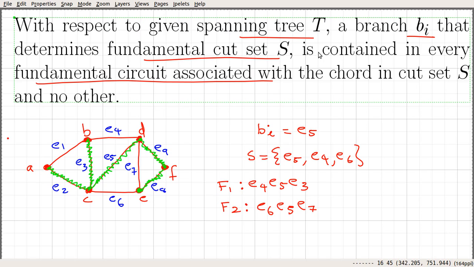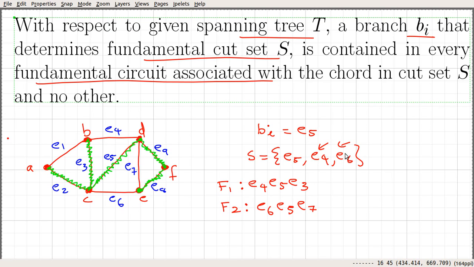And the statement says Bi is contained in every fundamental circuit associated with the chord in the cut set S. If you look into this particular fundamental cut set, E5 is a branch and E4 and E6 are chords. The fundamental circuit corresponding to this chord E4 will be E4, E5, E3.